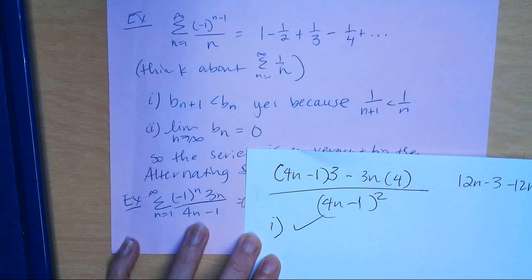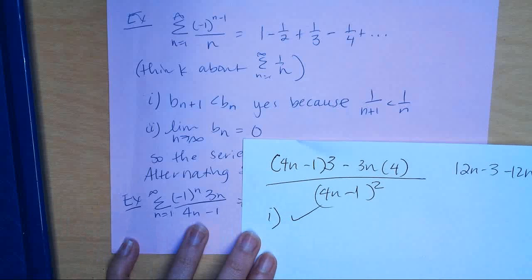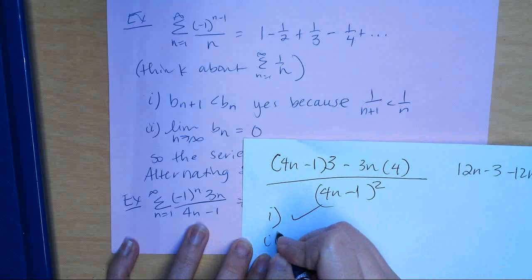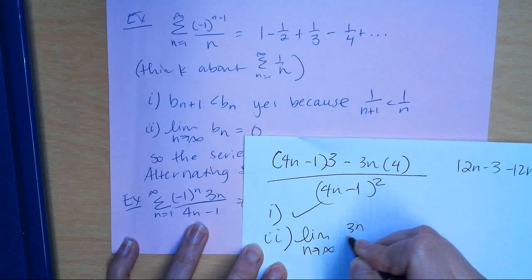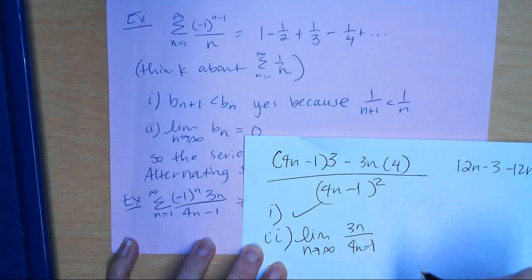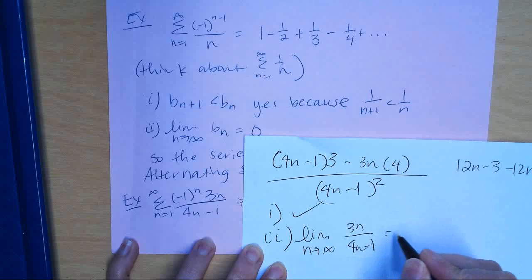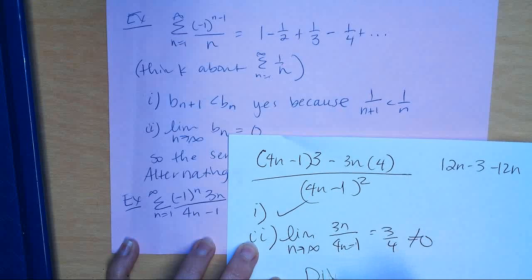So you may have to take the derivative sometimes. Okay, now, is the limit 0? What is the limit of this? 3/4, which is not 0, so it diverges.